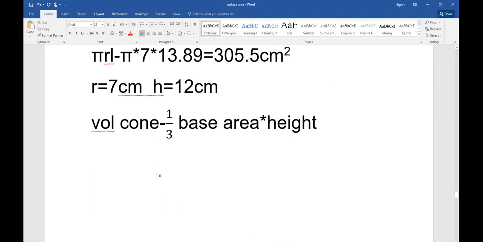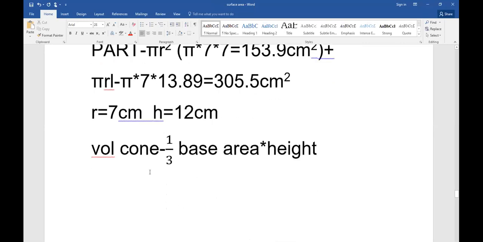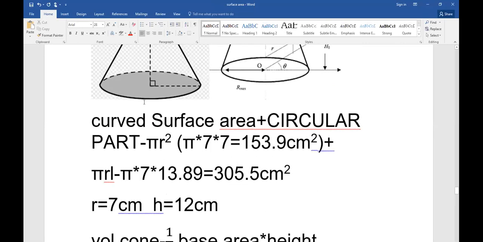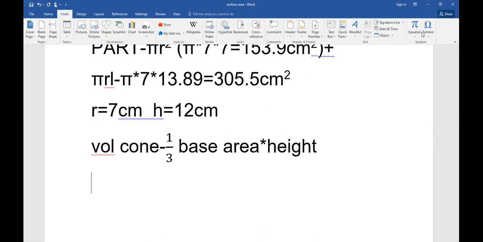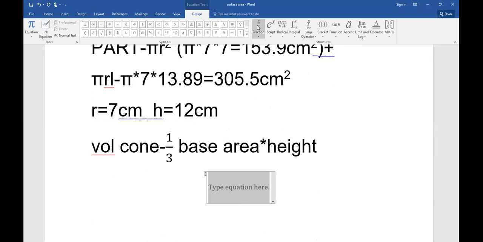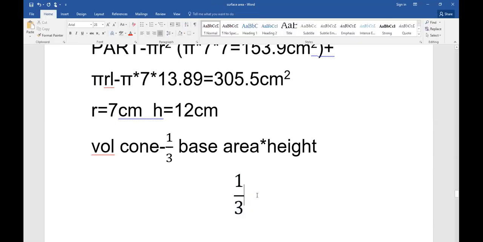That base area times the height. What is the base area? The base is a circle. So the formula now changes to that. We have said the area of the base is a circle. How do you find the area of a circle?